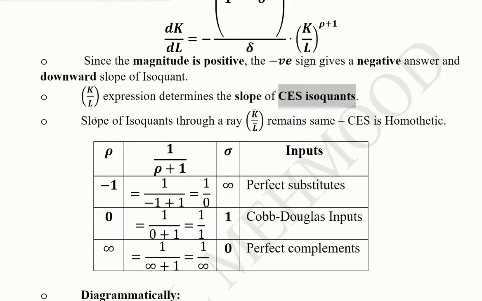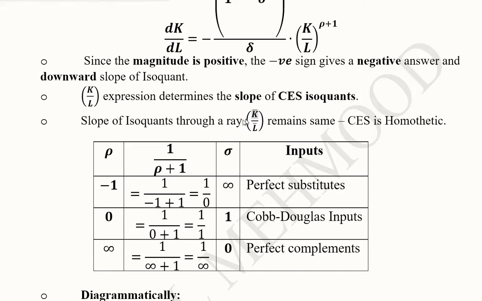And when we make a ray, and the ray is basically the ratio of capital and labor, which is fixed, because when we make a ray, it is going to remain the same, the ratio between the labor and capital across all the isoquants, as we have seen in the diagrams.